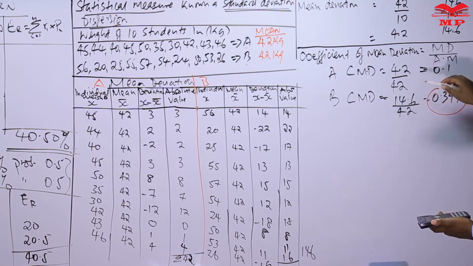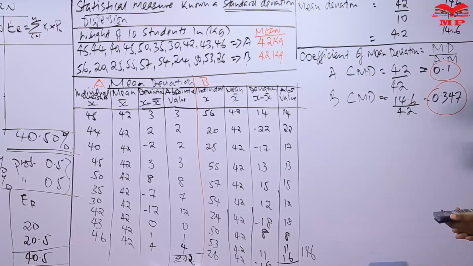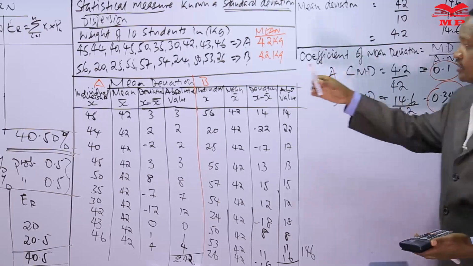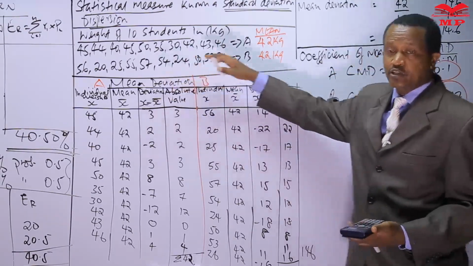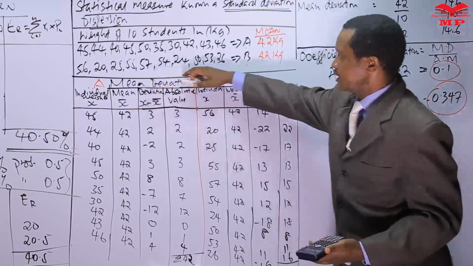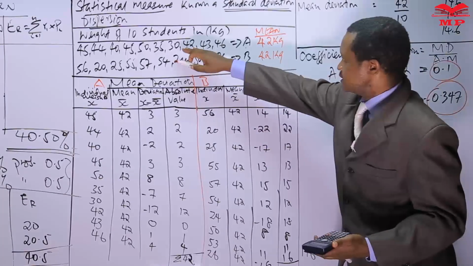If you are comparing these two, this one is higher. I showed you the other time that if you observe the data without calculating, you should be able to tell that these values are widely dispersed as compared to the other data.